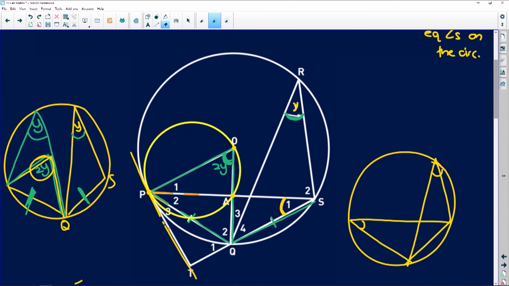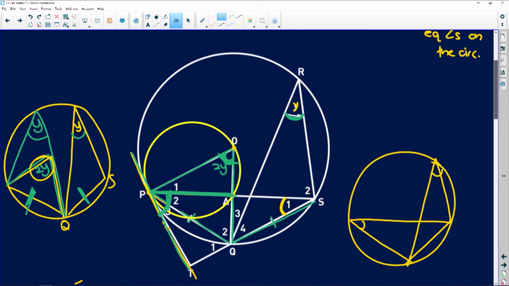Well, you guys agree with me, this is a chord on that imaginary circle. So if I can prove that this angle between this supposed tangent and the chord is equal to the angle the chord subtends on the circumference, which is this 2y, I can prove that it is a tangent.